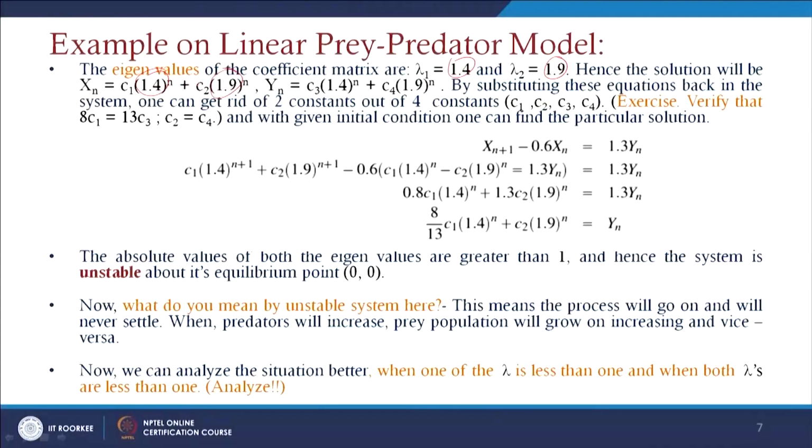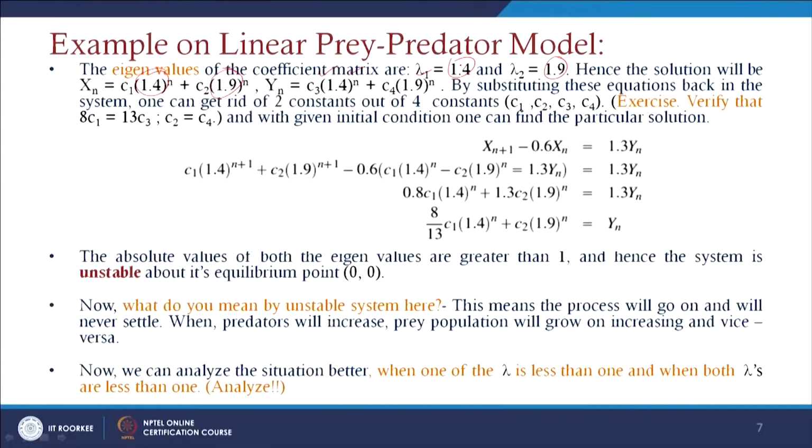Similarly, the other solution in the form of y_n can be written as c3 times the first solution, lambda 1 to the power n, plus c4 into lambda 2 to the power n. Now, if you substitute these equations back in the system, one can get rid of 2 constants out of 4 constants here. These 2 variables x_n and y_n involve 4 constants here, c1, c2, c3 and c4.